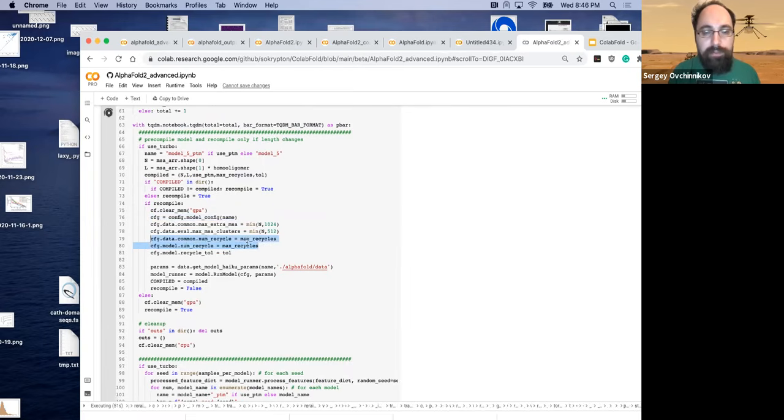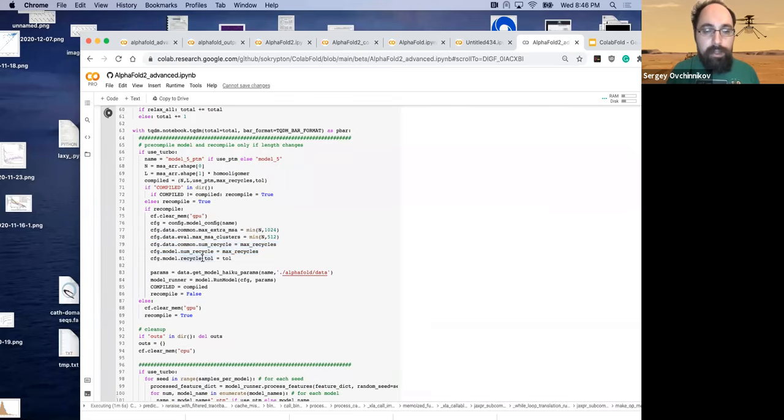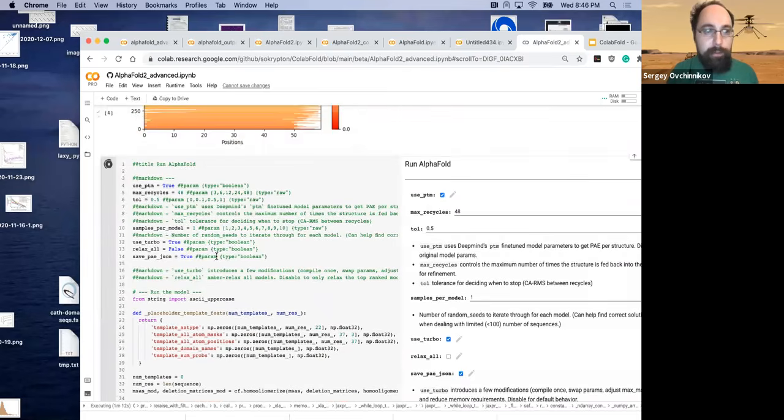Specifying this does not require modifying any source code. Whatever notebook or script you're running AlphaFold with, you can just go in here and specify the number of recycles. This tolerance threshold is something that we added to the source code, so this is something you will have to apply a patch to the source code for.